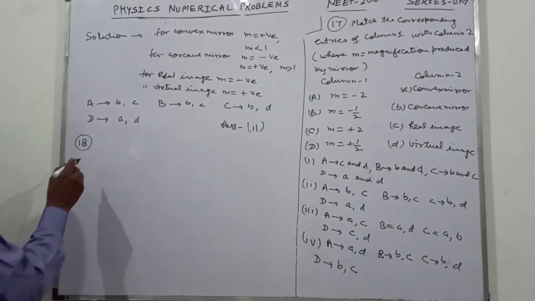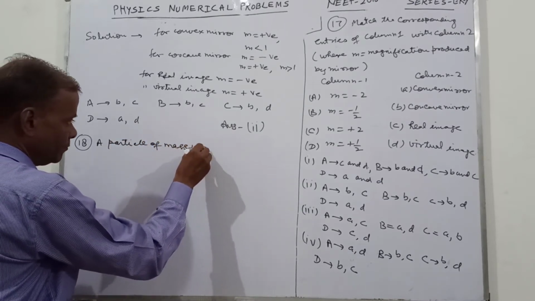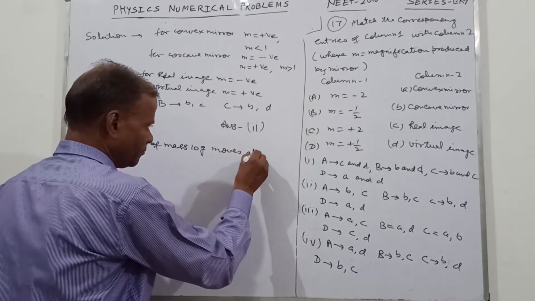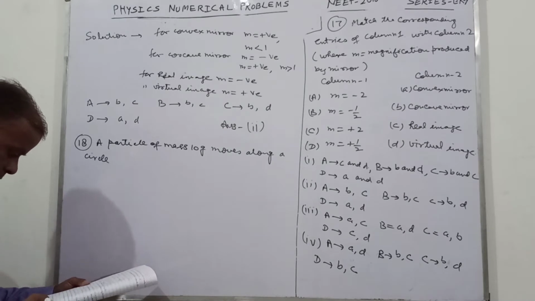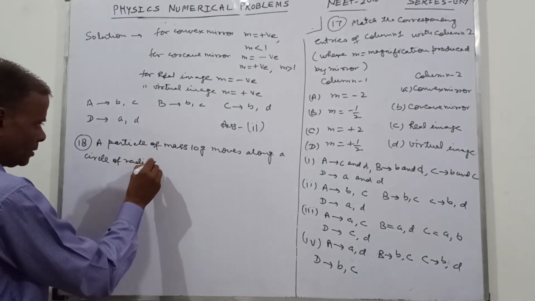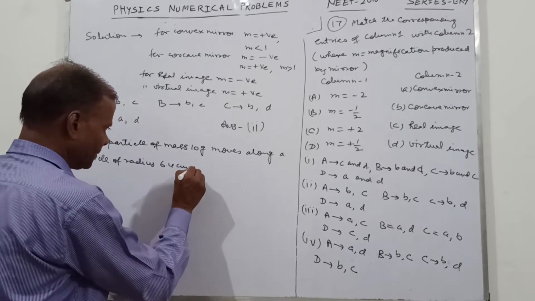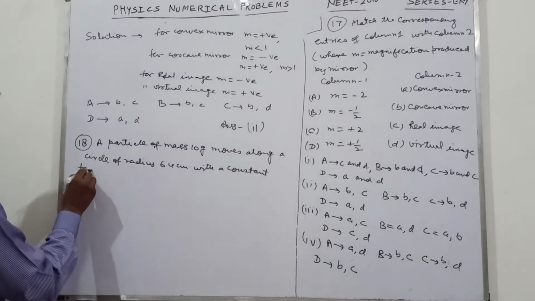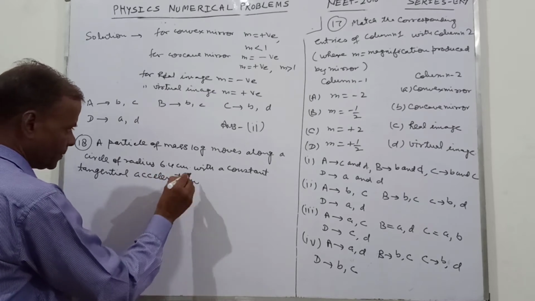A particle of mass 10 gram moves along a circle of radius 6.4 centimeter with a constant tangential acceleration.